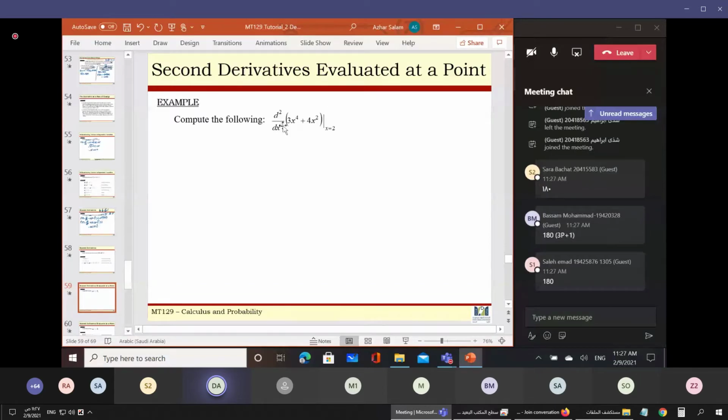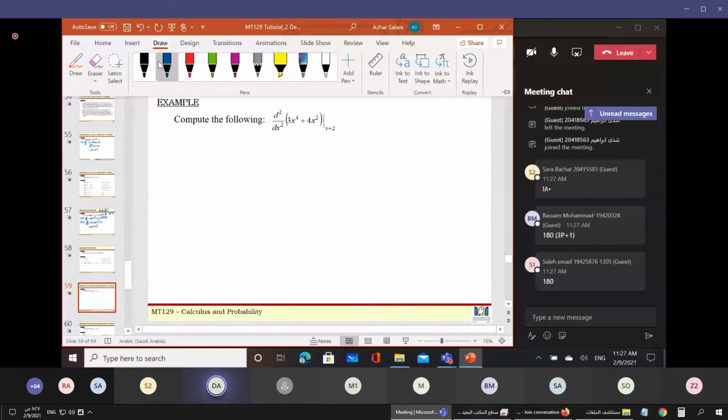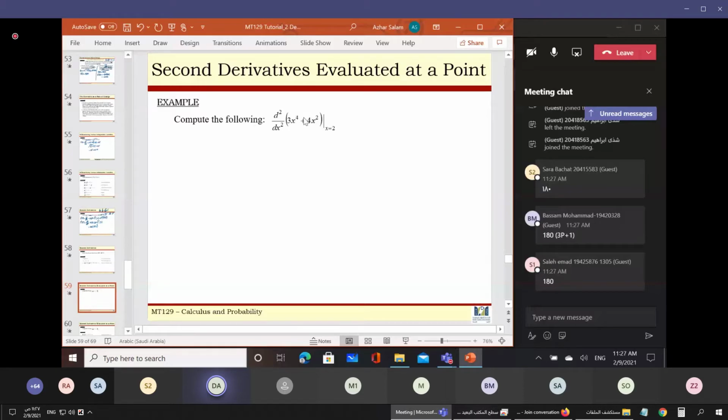Now it's the same. Find d squared by dx squared. So the question is find the second derivative, f double dash, where f is 3x to the power 4 plus 4x squared.